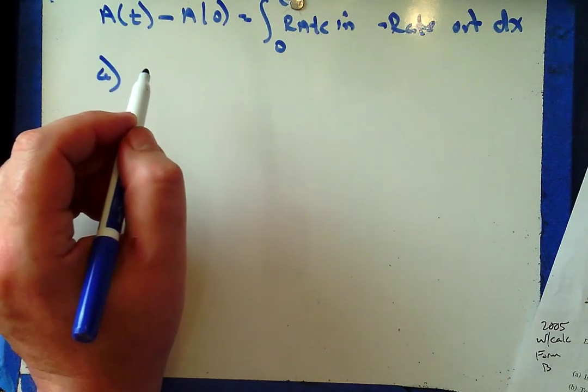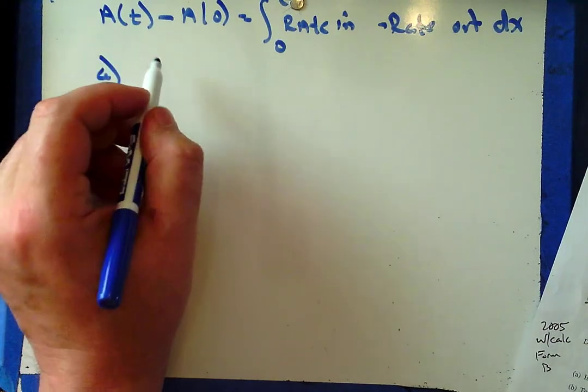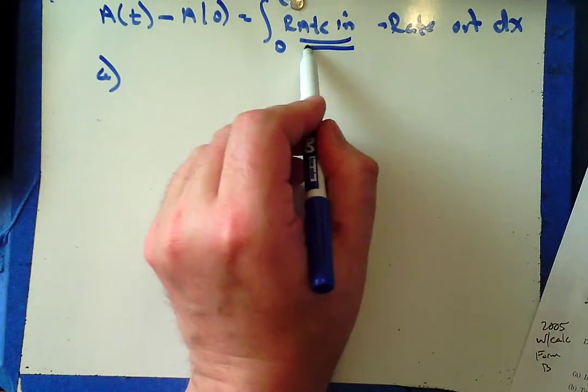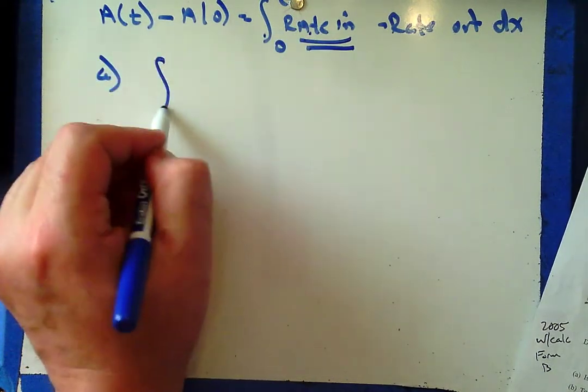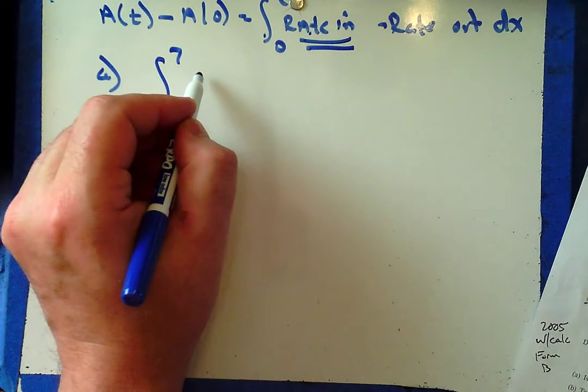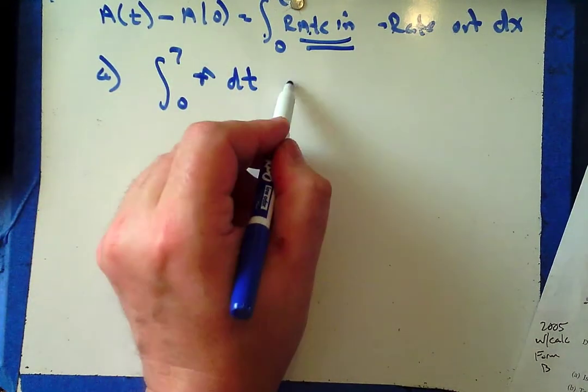It says how many gallons enter the tank on 0 to 7. So the amount entering, I have a rate for that, and if I integrate that rate, I get the amount entering the tank, and that was if I integrate f from 0 to 7.